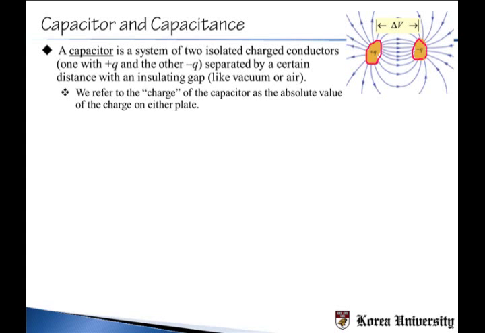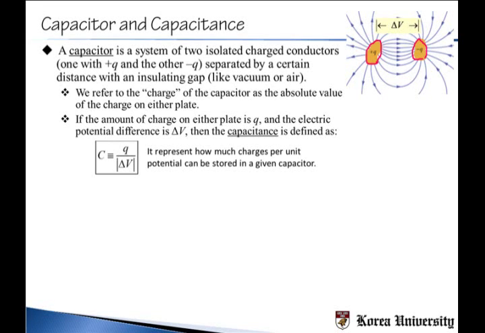Even though there is plus Q, minus Q, and the net charge looks 0, we are still storing a certain charge on these two plates. So when we say we store charges here, we do not mean the combined total charge of the two plates, but the absolute value of the charge on one of the plates.